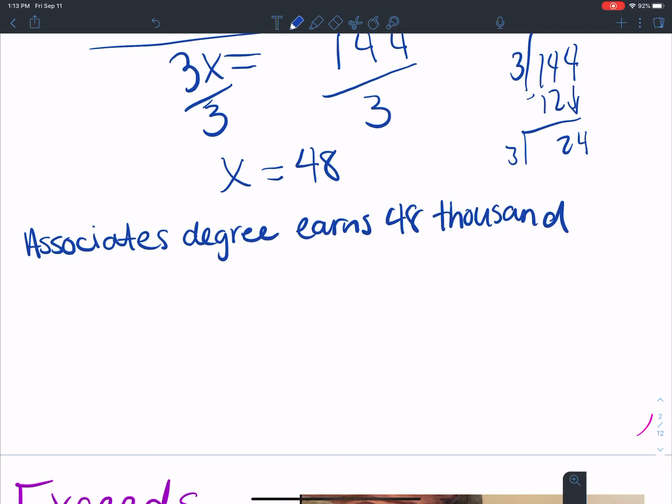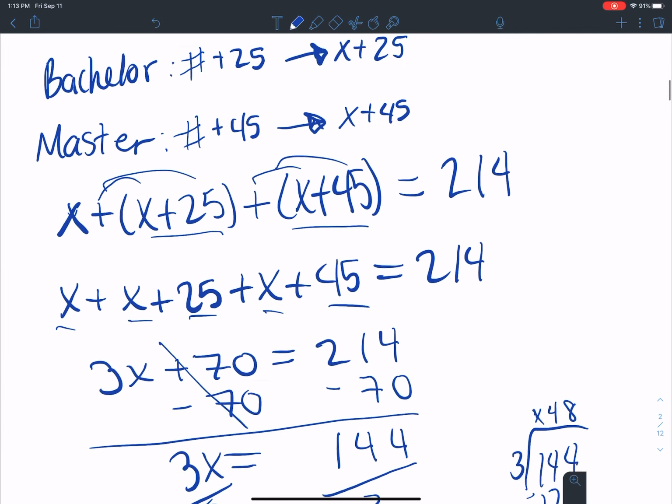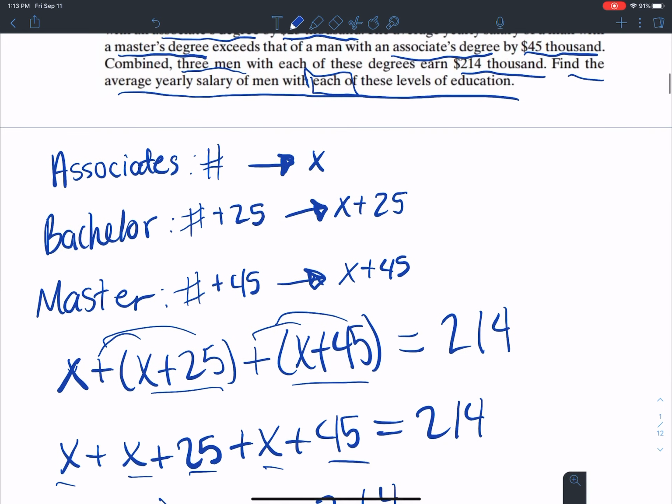Okay? Bachelor's degree earns, I think it's 73, because remember, let's go back up here. We said bachelor's was X plus 25, so that's 48 plus 25, so 73.